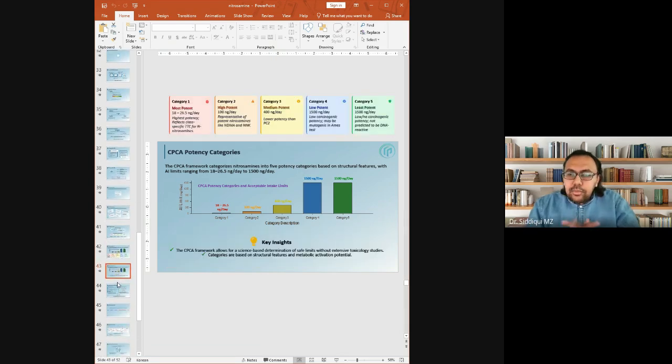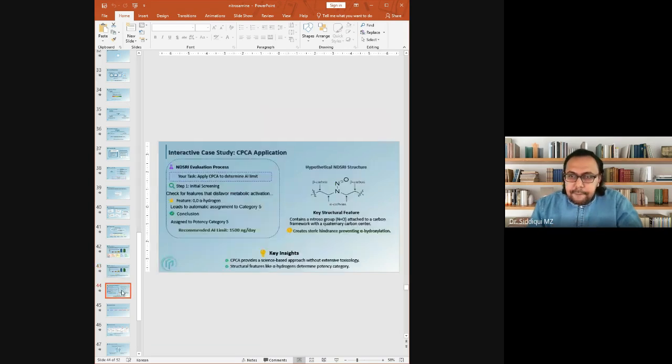The key insight from this one: the CPCA framework allows for the science-based determination of safe limits without extensive studies, and categories are based on structural features and metabolic activation potential. In the interactive case, the most important thing is the presence of alpha carbon.